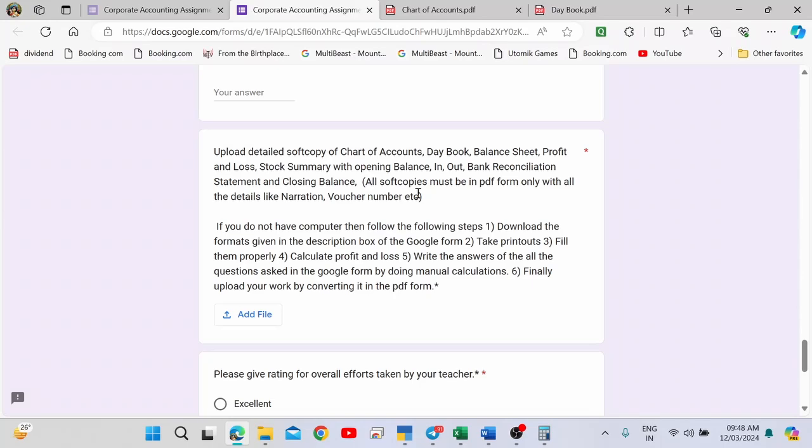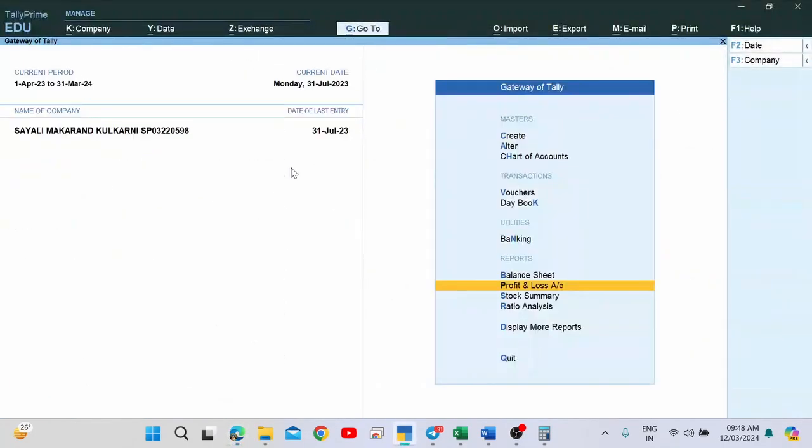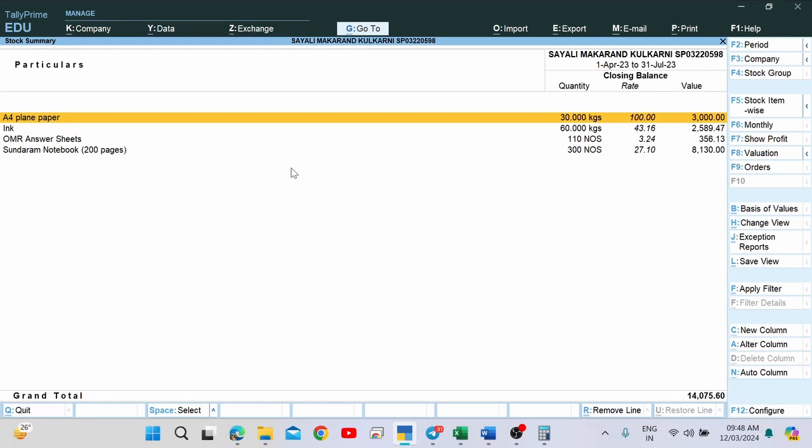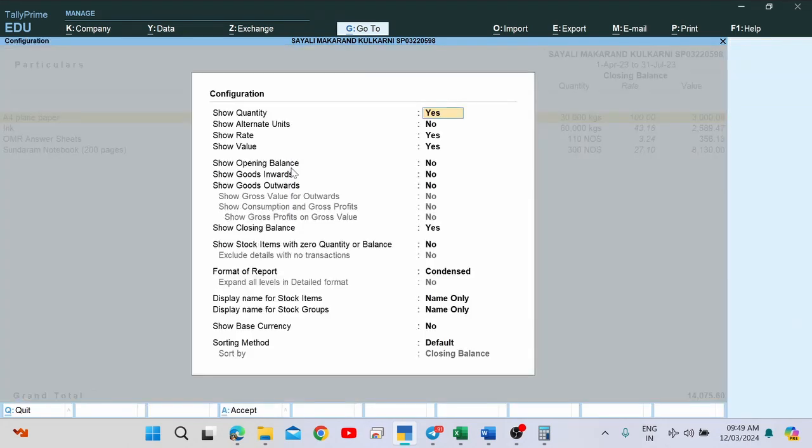Other than this, they are asking for the stock summary. In Tally, you'll get the stock summary here, and we want opening, closing, and everything. Then press the F12 button.